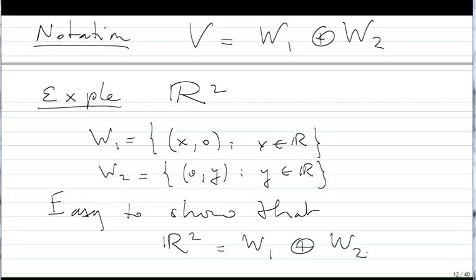So this is a simple example of a direct sum of two subspaces in R2.